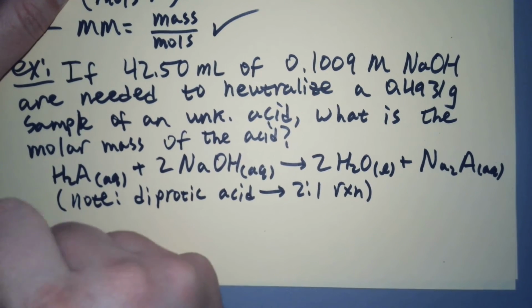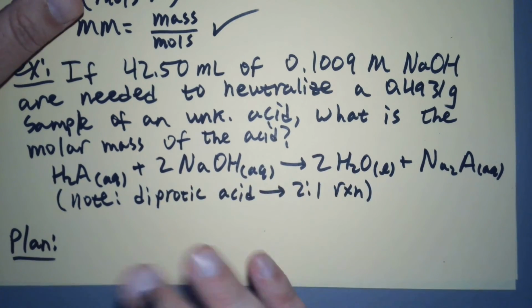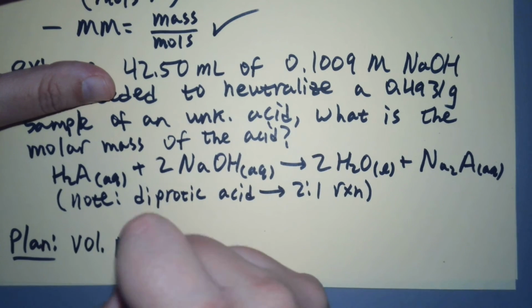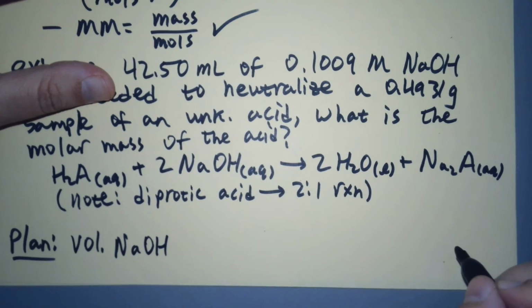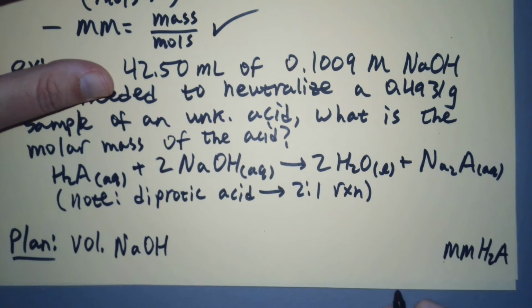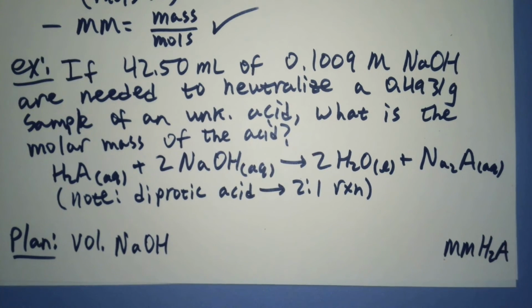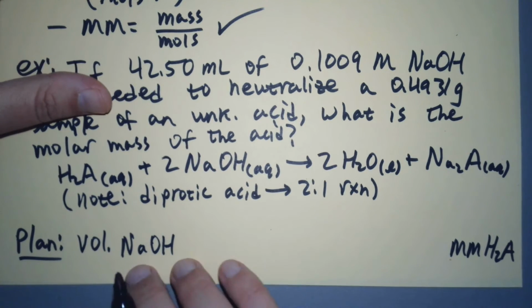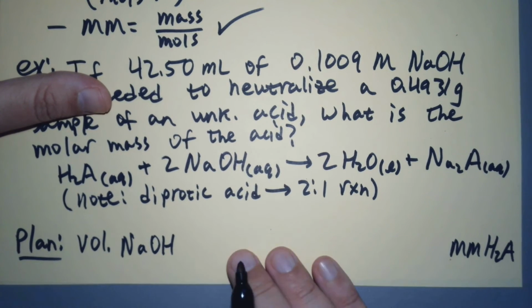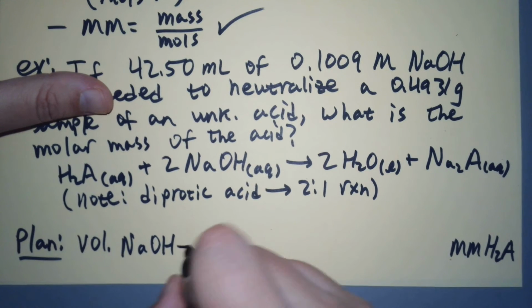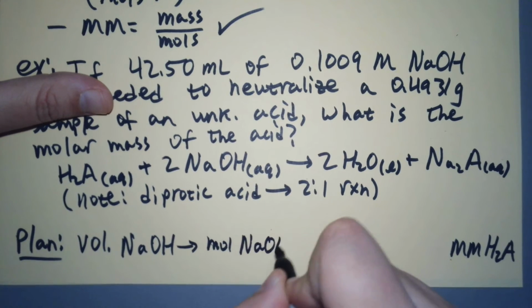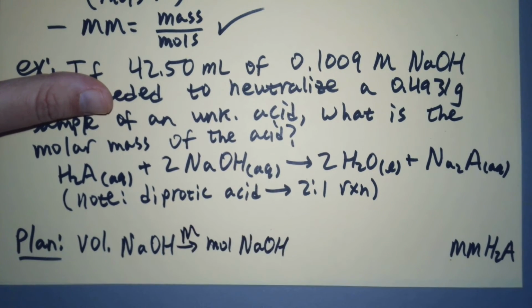Alright, so I got enough room here. We'll do the plan. I'll pull out another sheet. We'll do the math. So I've got to go from volume of NaOH, and I've got to get all the way over to my molar mass of my unknown acid, H2A. So again, A is just a stand-in for the acid anion. Alright. So what do? Well, I've got 2 different compounds, so I got to get to moles in the middle and then convert over to what I need on the right. So I can go straight from volume to moles using the molarity.